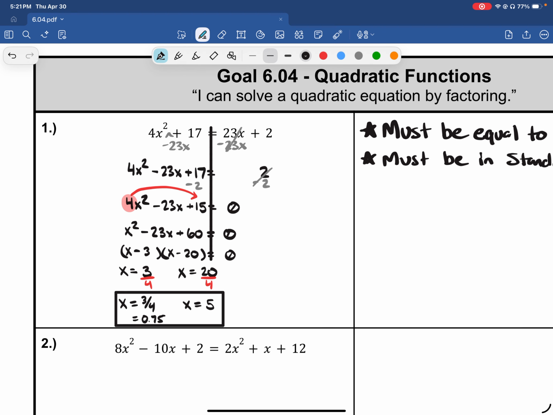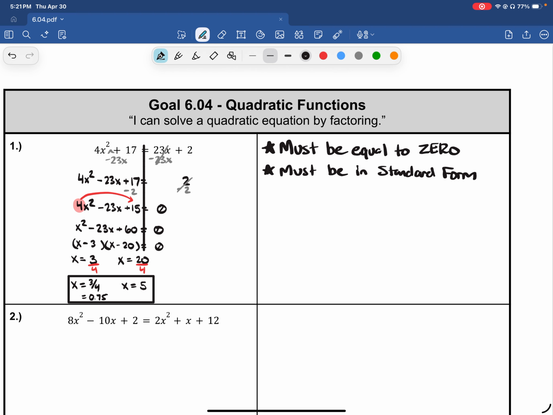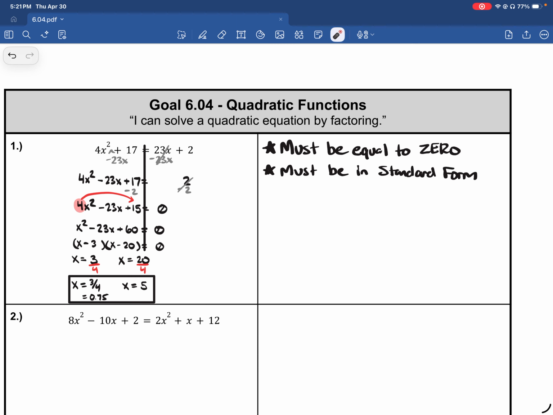Definitely make sure you're showing all your work here. Off to the side, a really important thing to express is, how did I know to go from x minus 3 to x equals 3 and x minus 20 to x equals 20? Why did I just switch the signs there? It has something to do with x minus 3 equals 0 and x minus 20 equals 0.